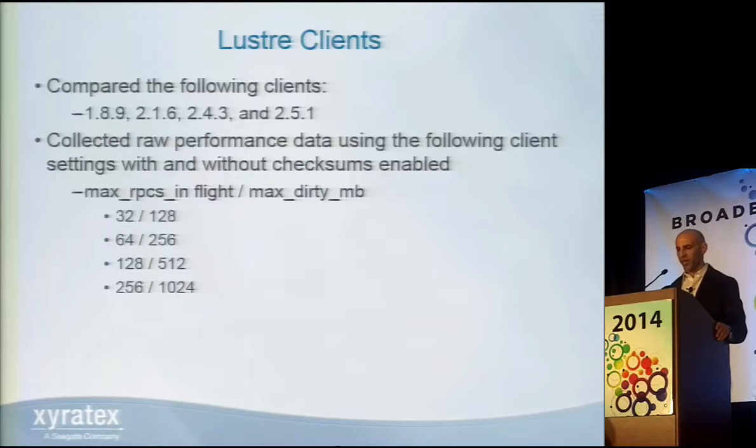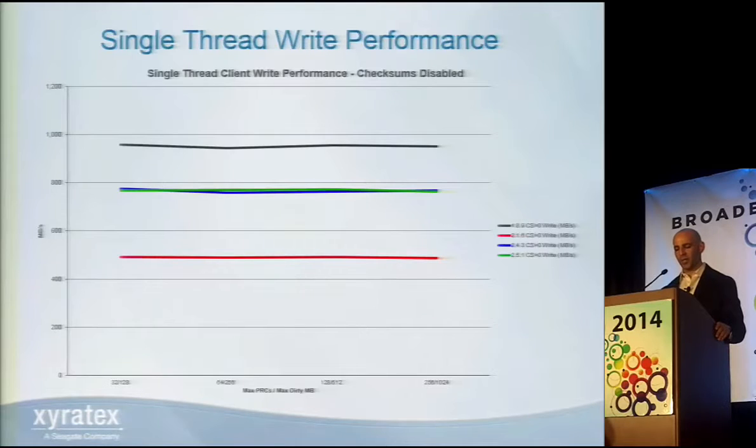So let's focus on the single thread performance first. This is using 1 task on a client, comparing reads and writes. This graph is with checksums disabled, looking only at write performance. You can see here the top line in black is our 1.8.9 write single thread performance.